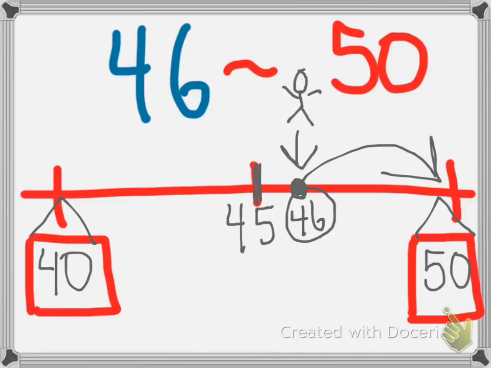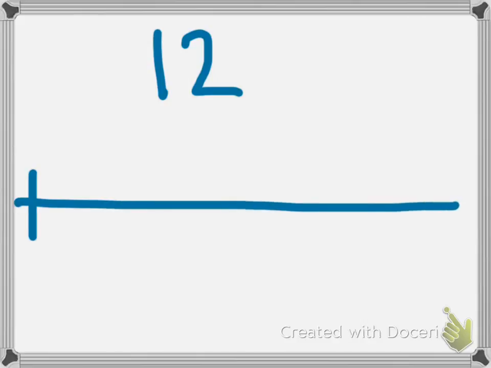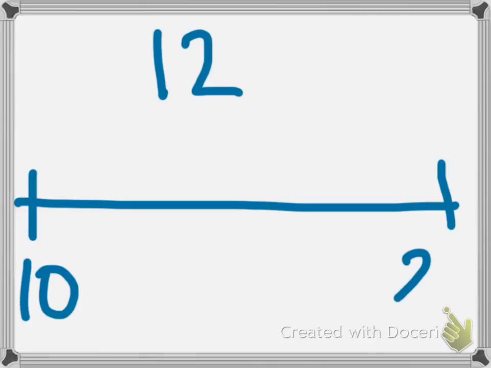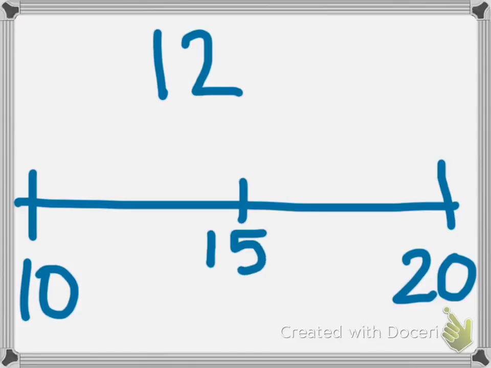Let's try it again. Okay, here's another number, 12. So the first thing I need to do is draw my number line, find my two 10s that 12 comes between, which would be 10 and 20, and then plot the middle, which is 15, as my point of reference.